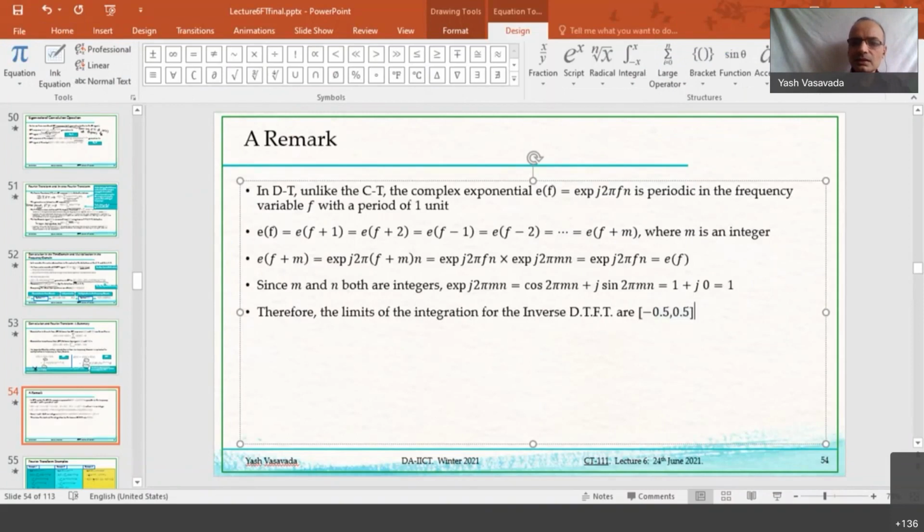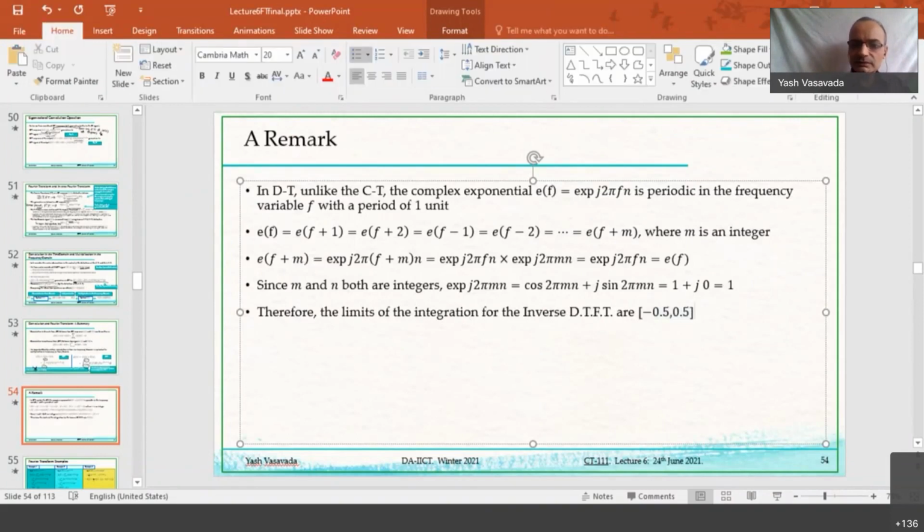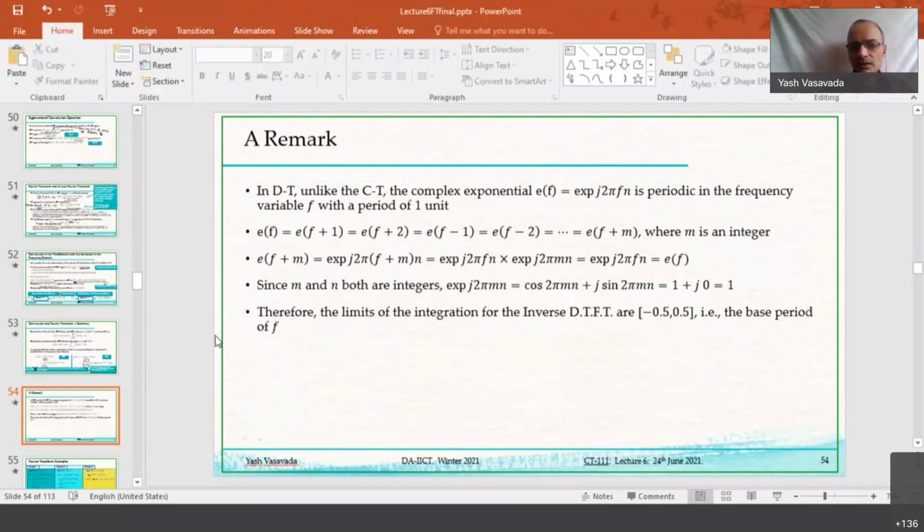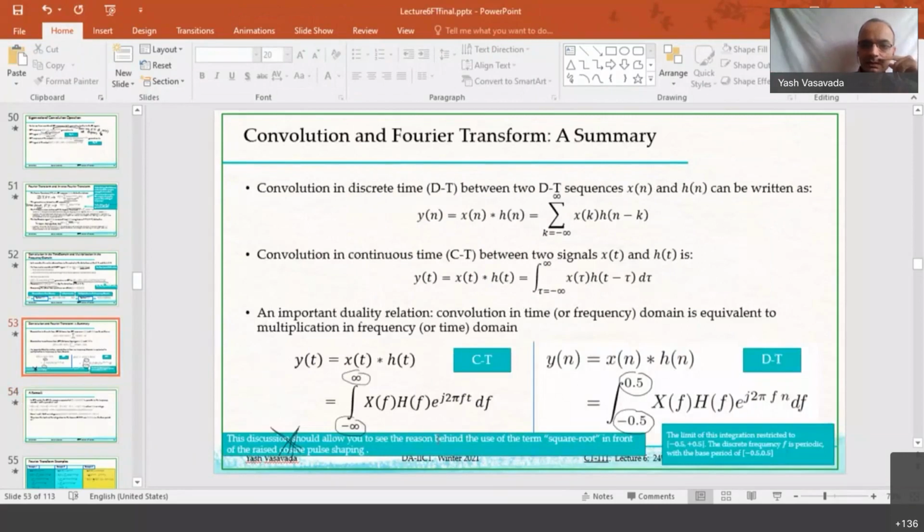This is the base period, because everything else then just repeats. So that is something that we have to be mindful of.